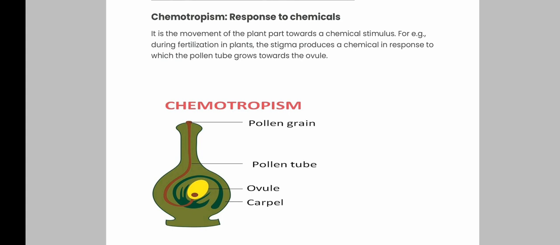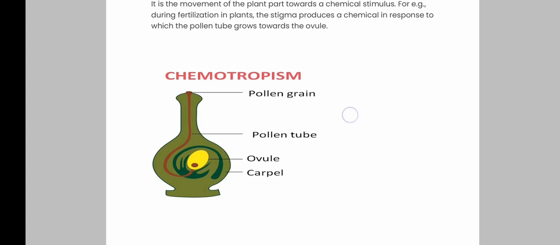This growth of the pollen tube towards the ovule is an example of chemotropism. The stigma produces a chemical in response to which the pollen tube grows towards the ovule. This is the best example of chemotropism.